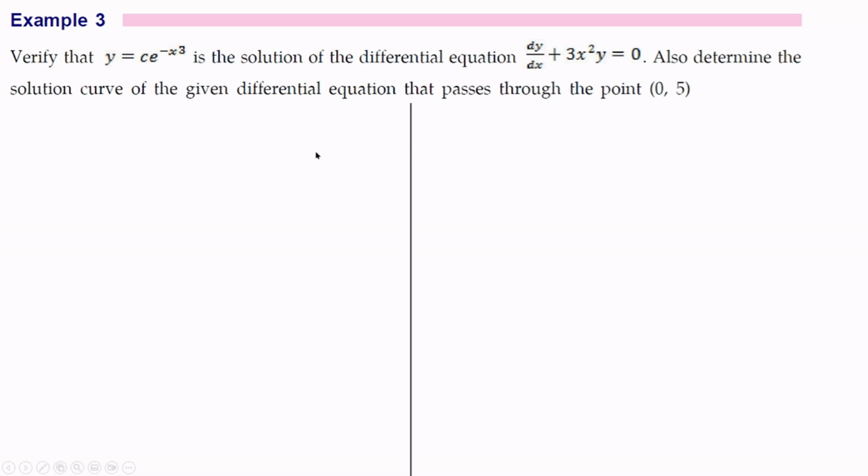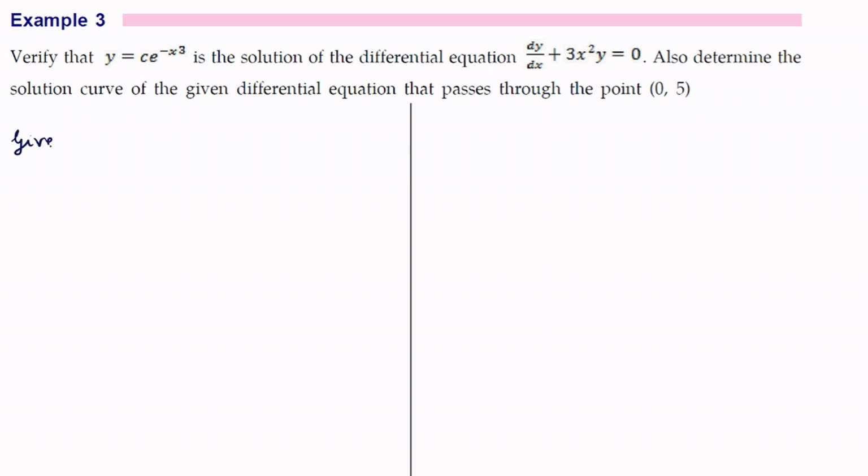To find the solution curve which passes through this point, we can put x as 0 and y as 5 in the solution curve, find c, and then we can find the particular solution of this differential equation.